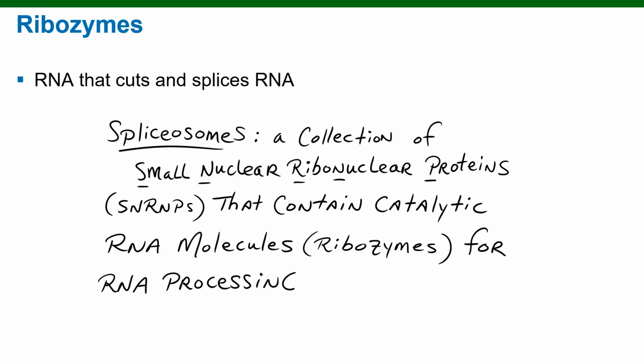But ultimately, primary RNA goes through a series of cuts and splices to become what's eventually called messenger RNA. So later in the genetics chapter, you'll hear about so-called messenger RNA, and it comes from the action of the spliceosome. And so we learn about this special class of RNA molecules that has enzymatic function.